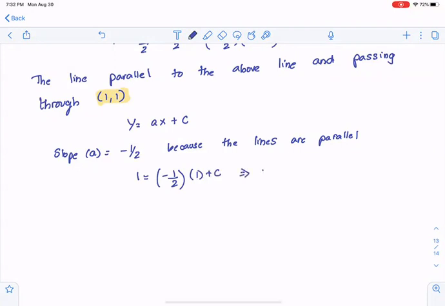So 1 is equal to -1/2 plus c. Move that -1/2 to the other side, we have +1/2. So c would be 1.5, which is 3/2.